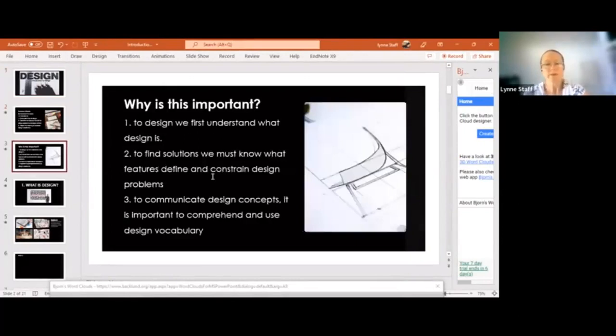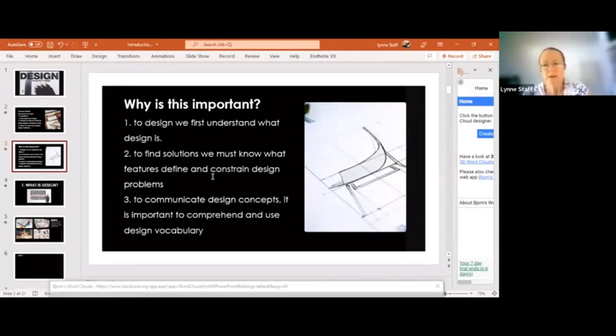Why is this important? Well, firstly, before we design anything, we have to grasp an understanding of what design is. Secondly, when we're developing design solutions, we're constrained by various factors. And we need to have an understanding of what those features or aspects are that define and constrain our design problems.